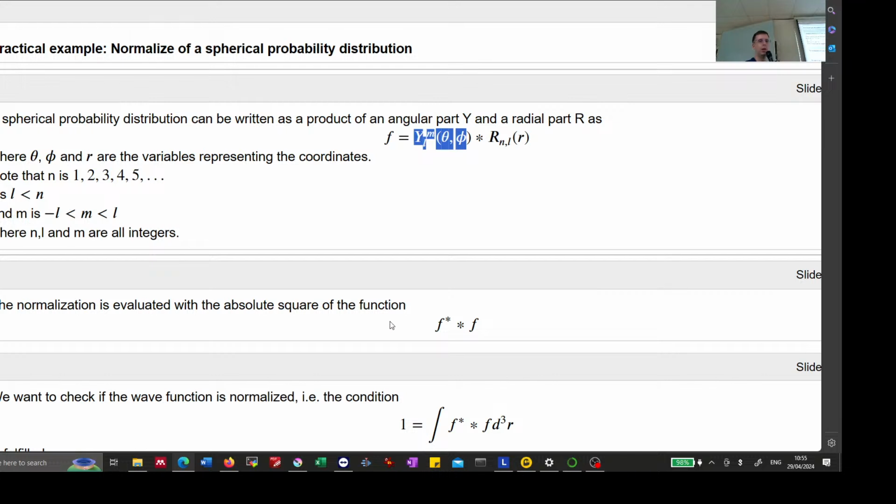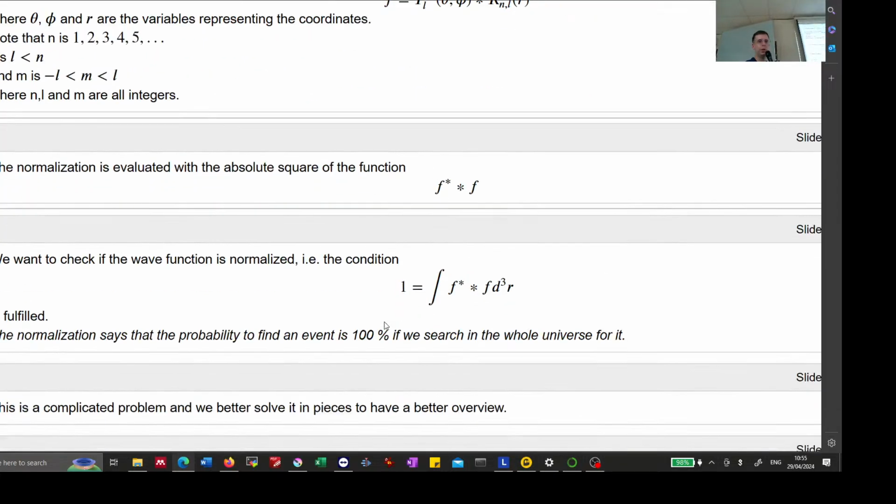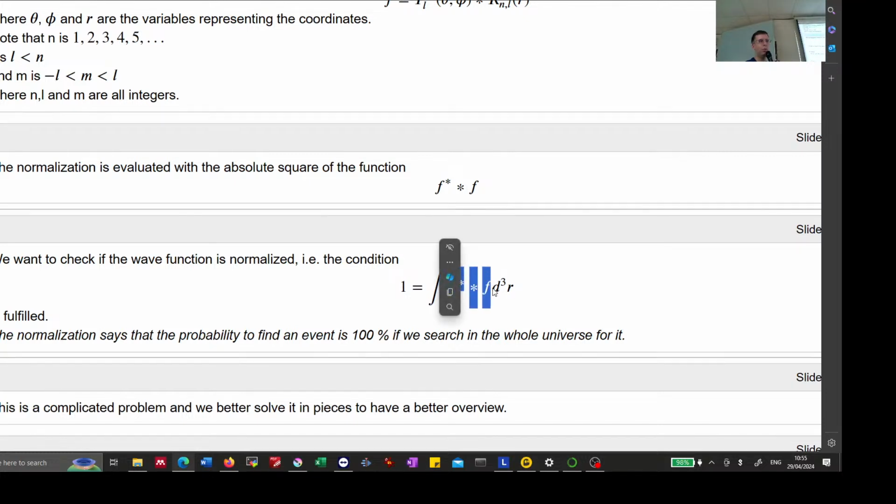What do we do? We introduce a normalization that depends on the absolute square of the function. So here we have an absolute square given by the complex conjugate multiplied by the function, right? And then we take this and say, well, if we have a probability distribution, that function must integrate to 1. So far, so good?